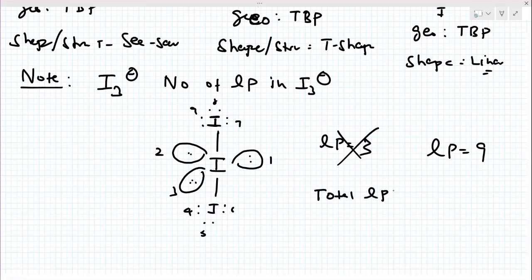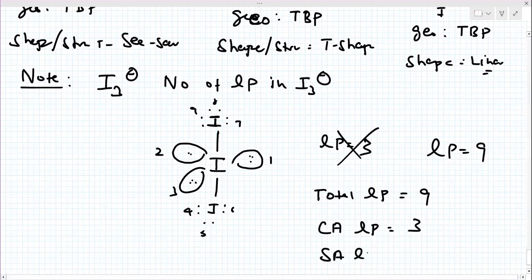Total lone pairs, the answer is 9. Either they ask total lone pairs or just lone pairs, it is 9. Central atom lone pairs: 1, 2, 3. Surrounding atom lone pairs equal 6. Total 9. We got the point. I3 minus has 9 lone pairs in total.